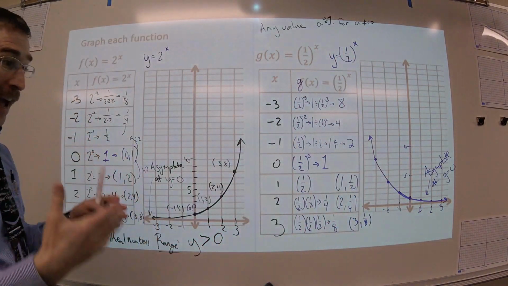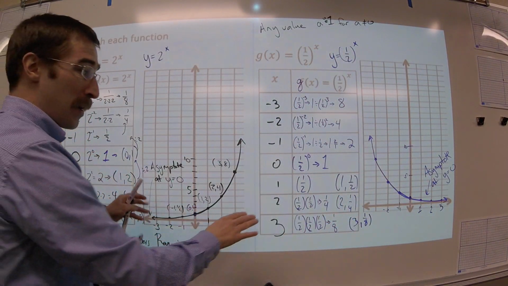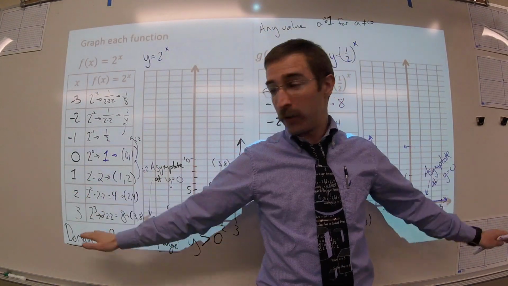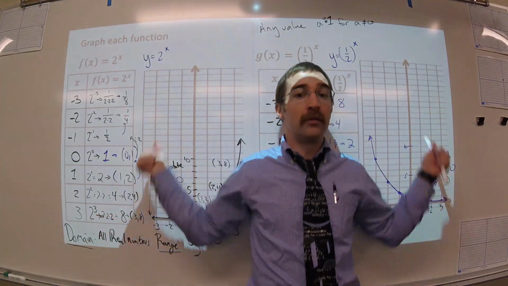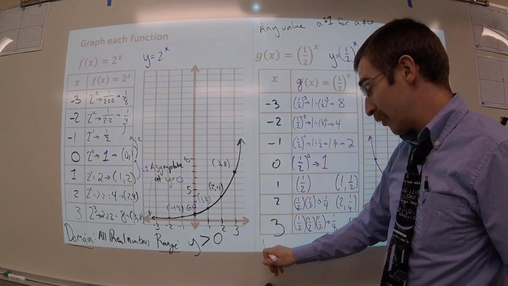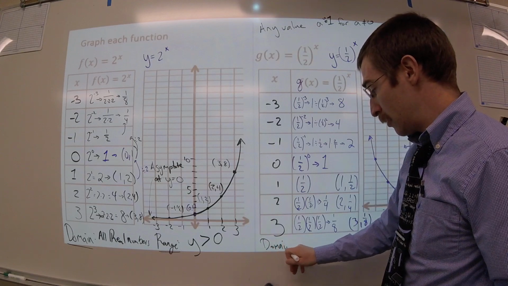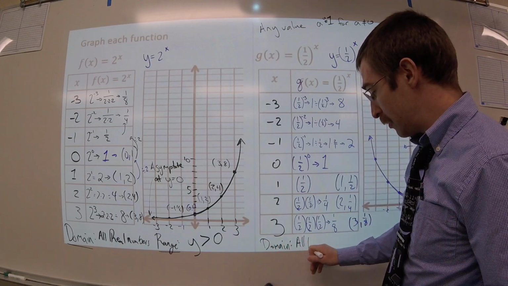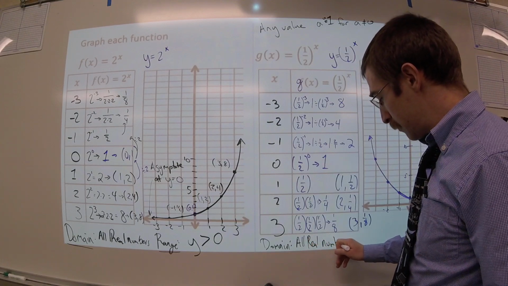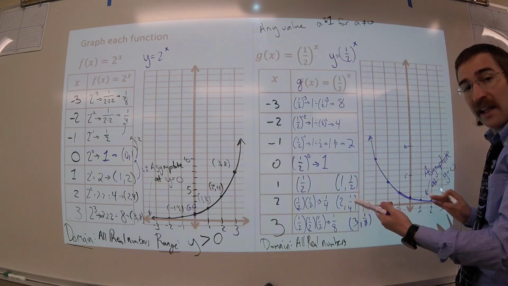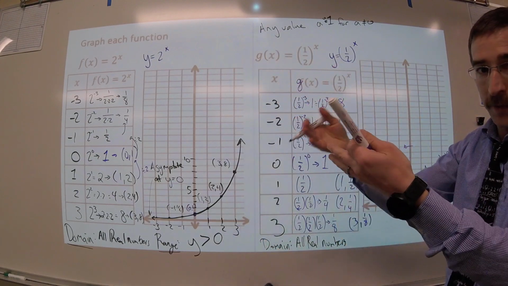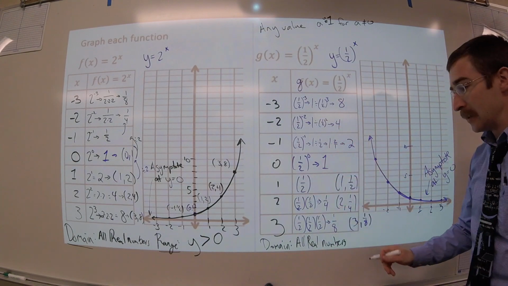So here, if we look at these graphs, both of them extend left and right. Both of them have an asymptote at 0 and go up. So they're going to have the exact same domain and range. The domain is going to be all real numbers, because we can input any value in for x and then make that number the exponent, have a 1/2 that many times, or divide by 1/2 that many times.